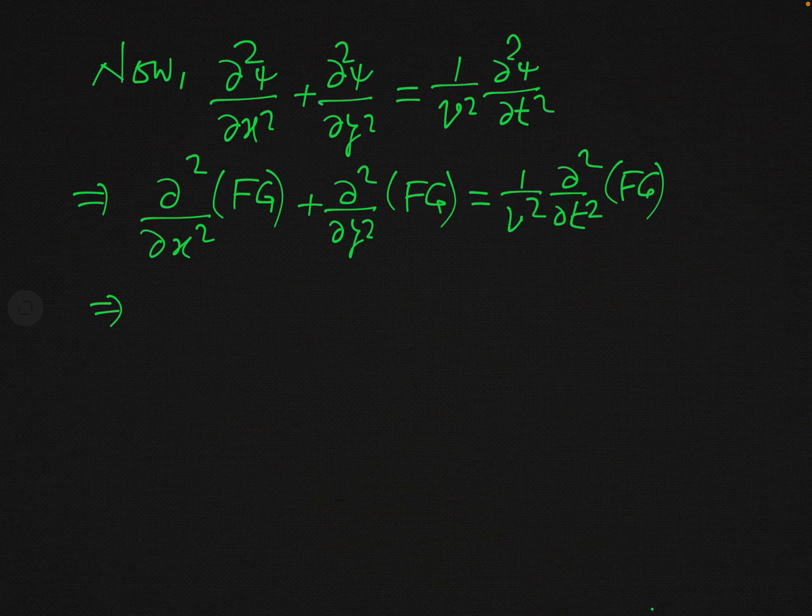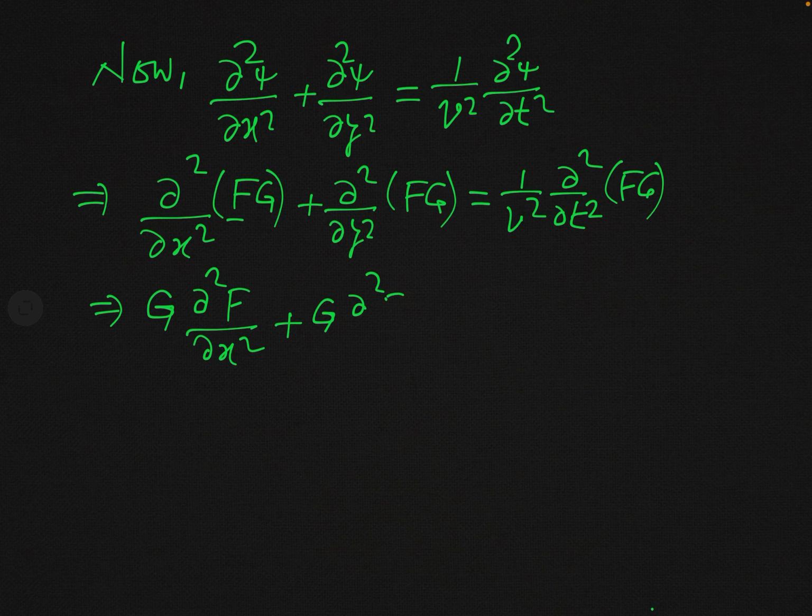Now as you can see, f is a function of x and y, and g is a function of t, and we are here differentiating partially with respect to x. So g will be treated as a constant, and our result will be g del 2f by del x square, plus similarly g del 2f by del y square, since g is a function of t and stays outside of the differential operator.